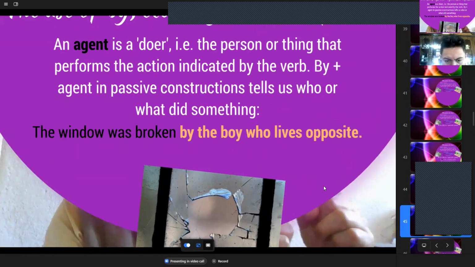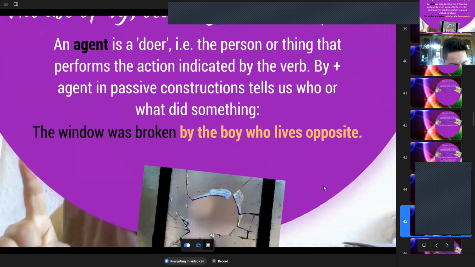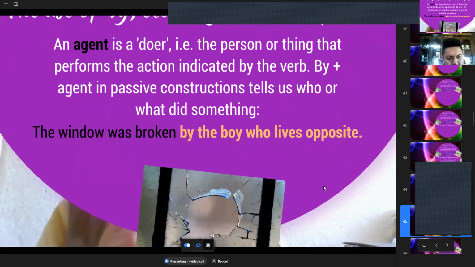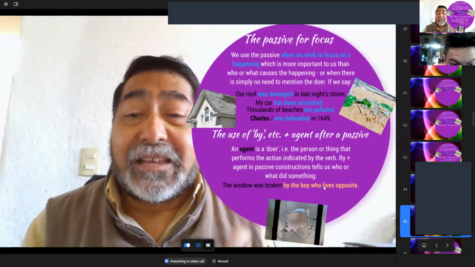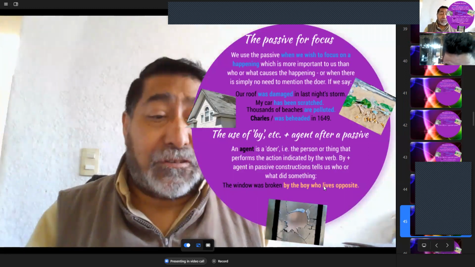The boy who lives opposite, who lives next door. So I am using here, the window was broken. Was broken is my passive verb. And I use by, indicating the agent, the doer of the action.